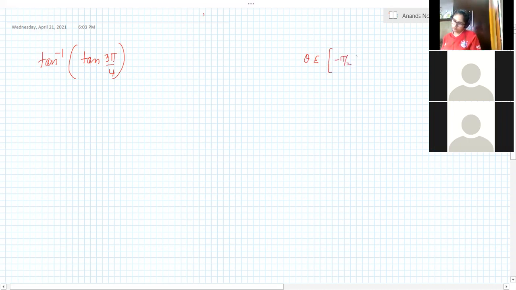So minus pi by 2 to pi by 2. Very good. So here we are getting 3 pi by 4. 3 pi by 4 is 0.75, isn't it? I have 0.5 pi, 0.75 pi I'm getting. That means in this form, you can't say tan inverse of tan theta is theta, because 3 pi by 4 will not belong to this domain. What shall we do? We have to reduce it.